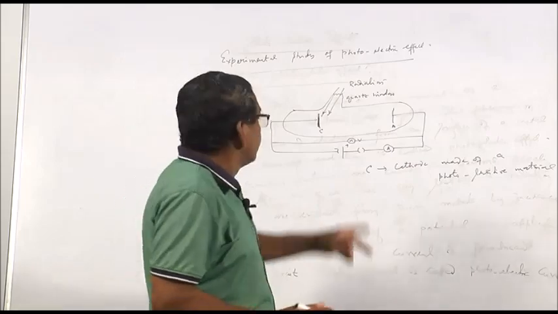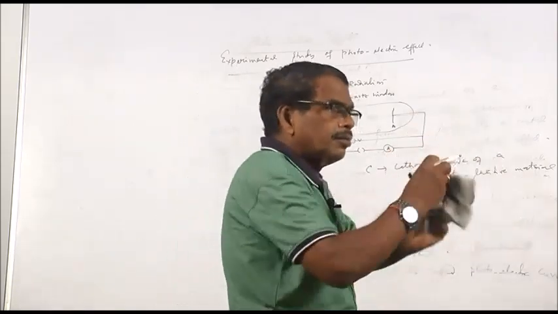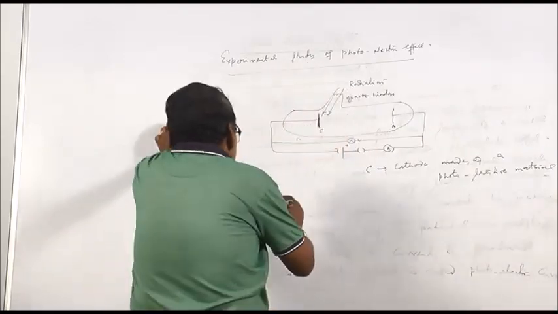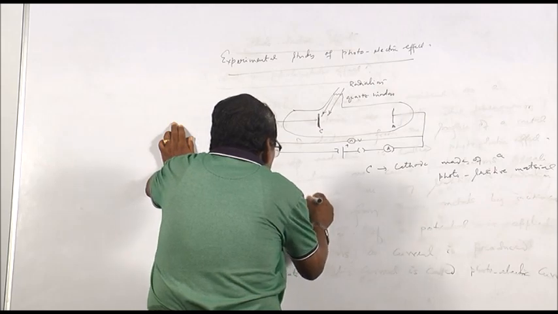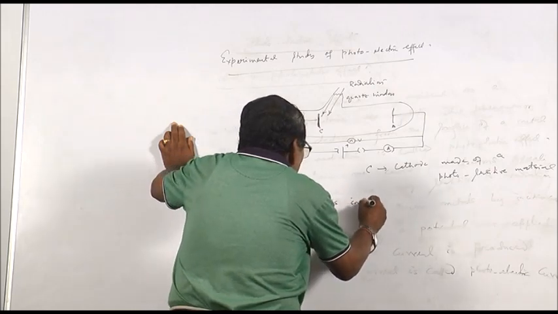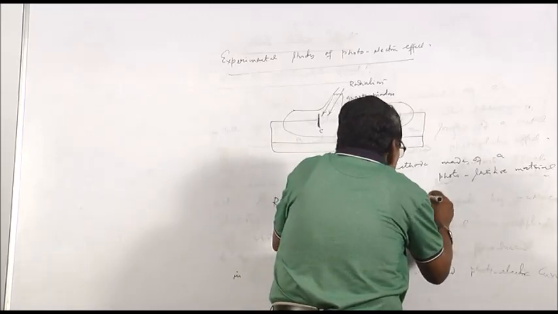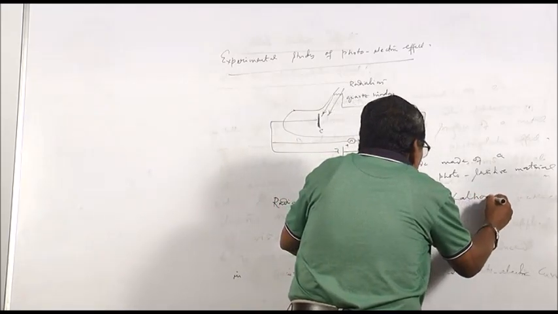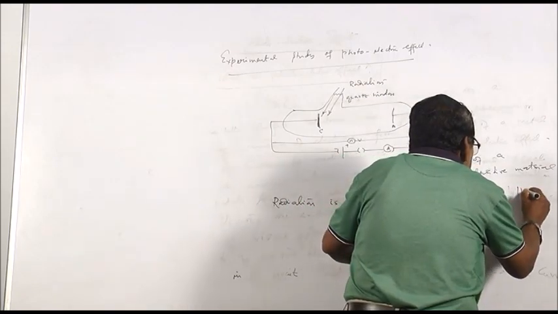Radiation is incident on the cathode through a quartz window.